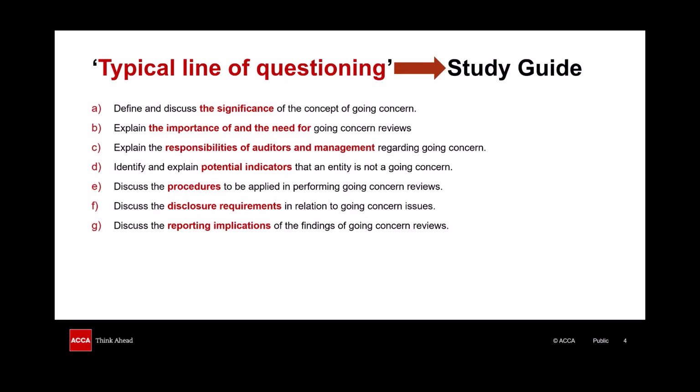You need to have a solid understanding of management's and the auditor's responsibilities, potential indicators of going concern risk, the review procedures, disclosure requirements, and the reporting implications. Without this deeper knowledge, passing that section will be almost difficult. So make sure you are prepared to apply these concepts.